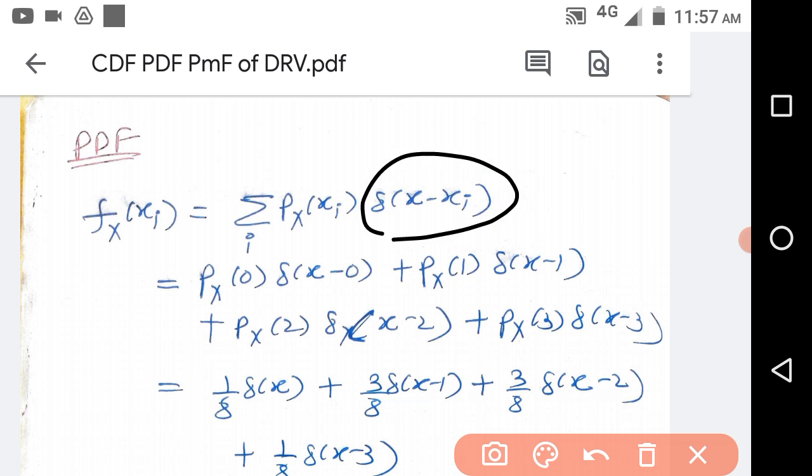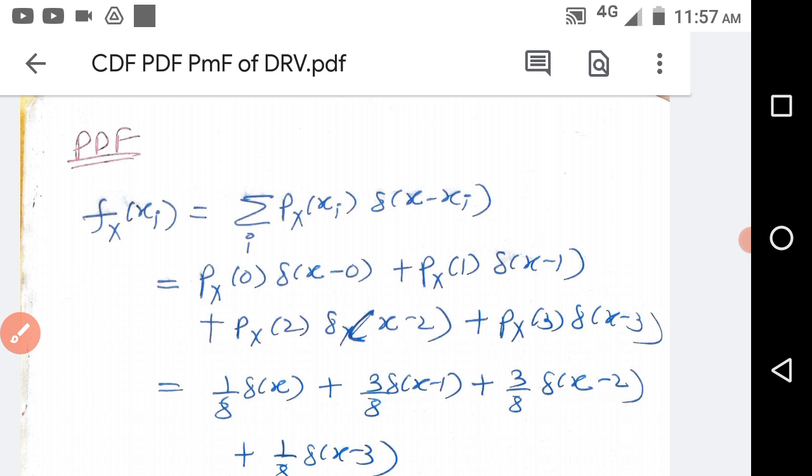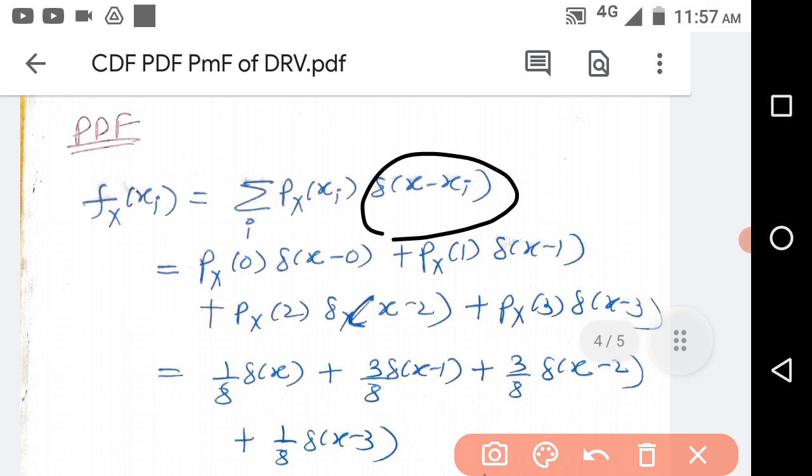In our case, the I values are 0, 1, 2, 3, so there are 4 values. So xi is equal to 0, then xi is equal to 1. Here the summation is over xi, so for xi equal to 1, it is delta(x minus 1), then for xi equal to 2, and 3, delta(x minus 3).